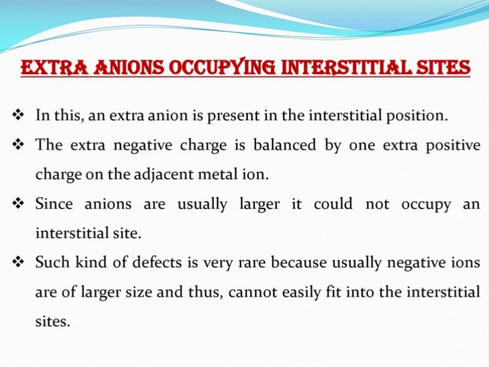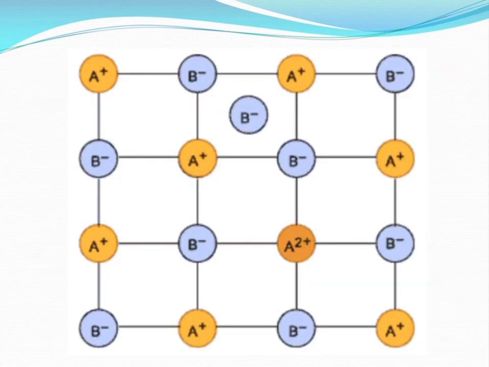So such a defect is very rare because negative ions are of larger size and thus cannot easily fit into the interstitial site. This is a theoretical concept. Anyway, this is the figure representing it, and this is the extra negative charge, and it is balanced by the positive charge here.